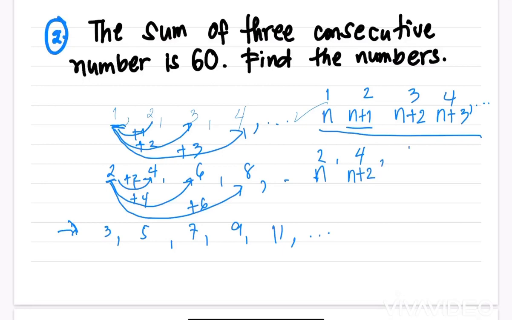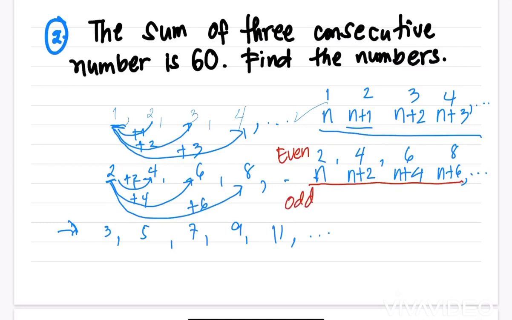The next number is 6, meaning from n we add 4. The next number is 8, meaning from n we add 6, and so on. So this is the representation of even consecutive numbers. How about odd?